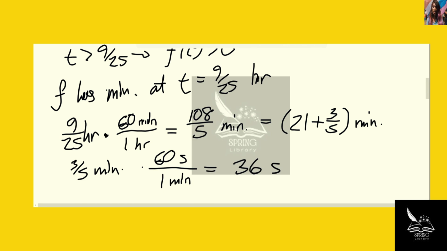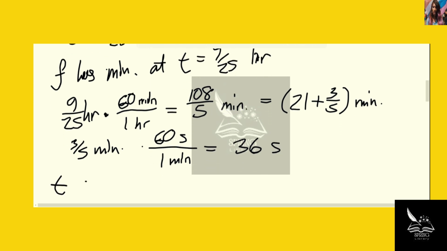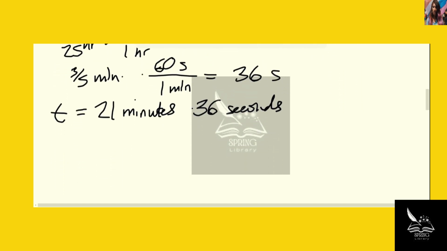And so t, our time, is equal to 21 minutes and 36 seconds. So adding this to the start of the journey at 2 p.m., it follows that the boats are closest at time 2:21:36 p.m.